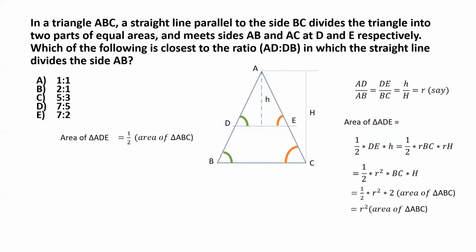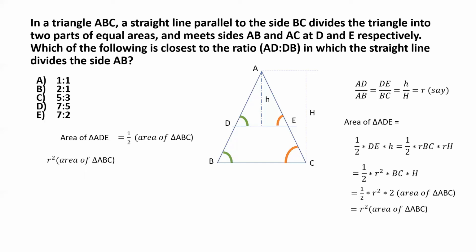But from all the work we have done in expressing triangle ADE in terms of R and area of triangle ABC, we have basically gotten the equation that area of triangle ADE is equal to R square times area of triangle ABC.